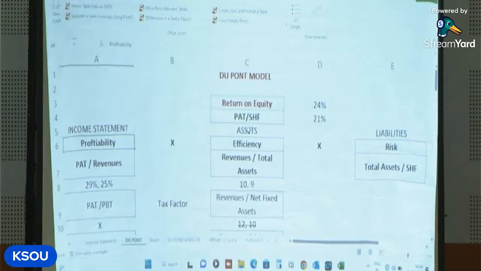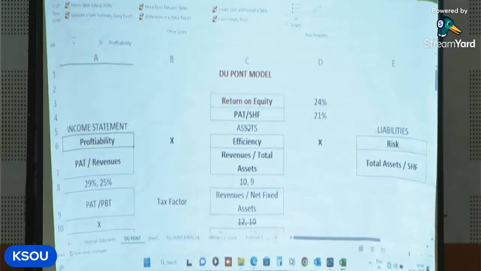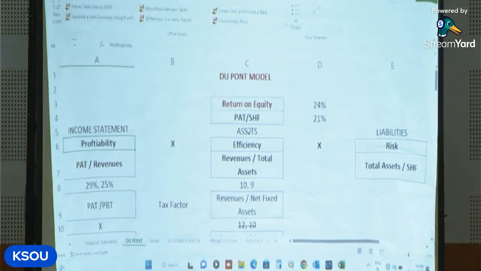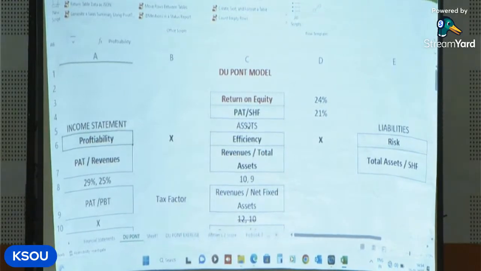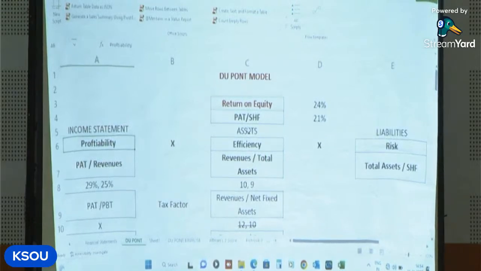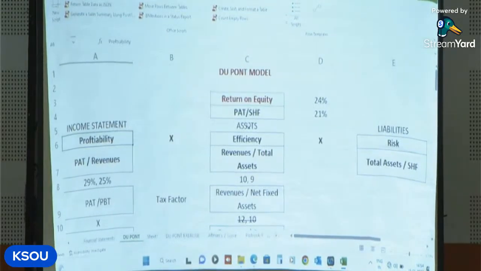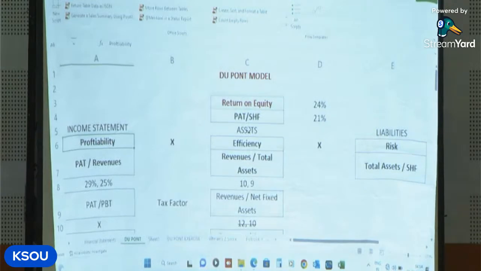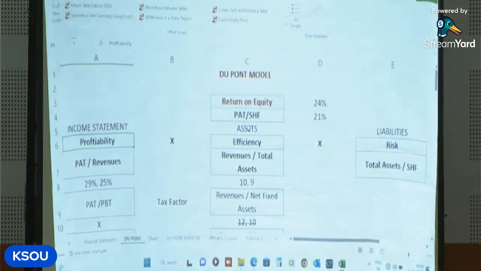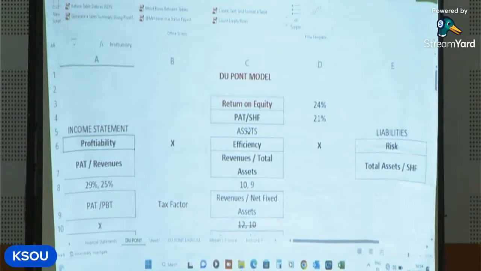Because ROE is not one number, it is a convergence of everything in financial statements. Income statement, assets, liabilities, whatever happens, will get depicted in ROE, one number. If you say check the direction, we know, is it growing, stagnated, declining.